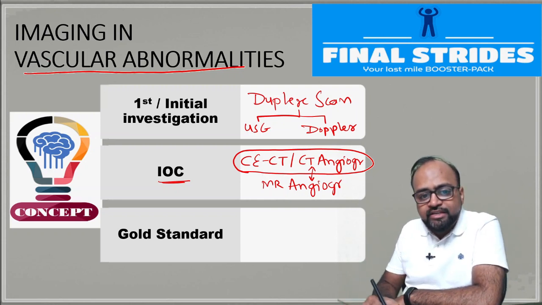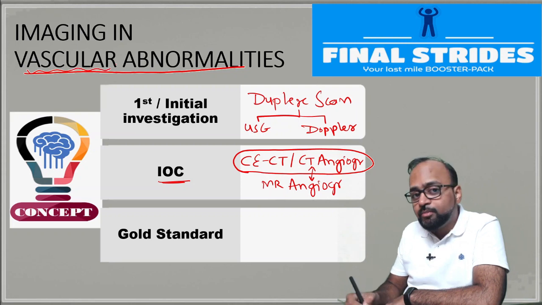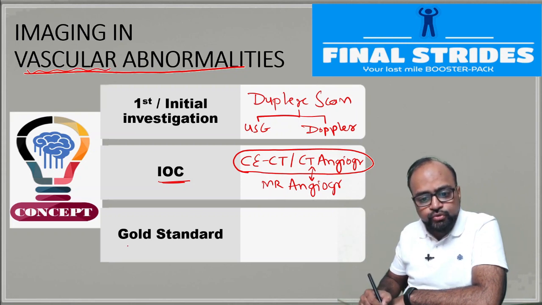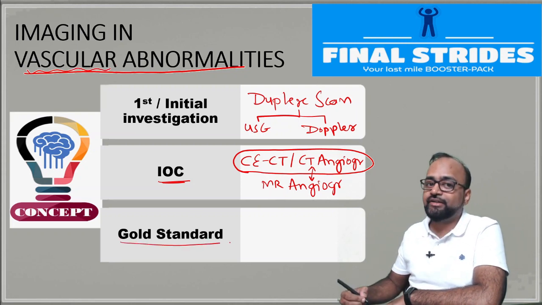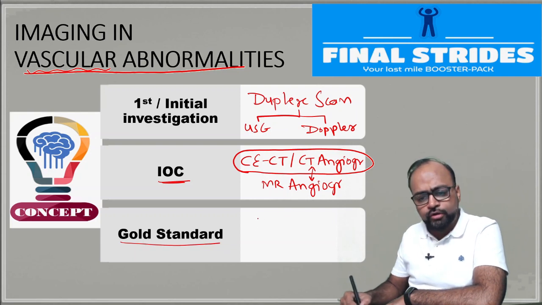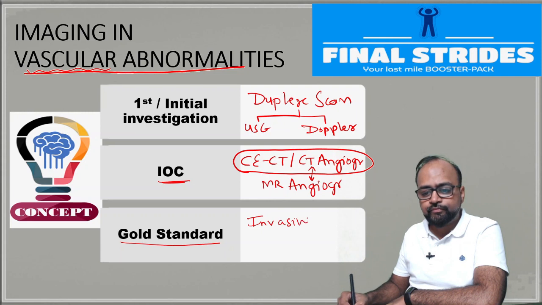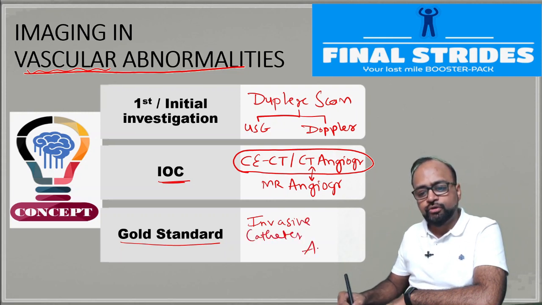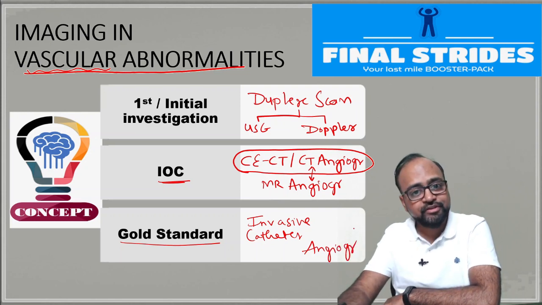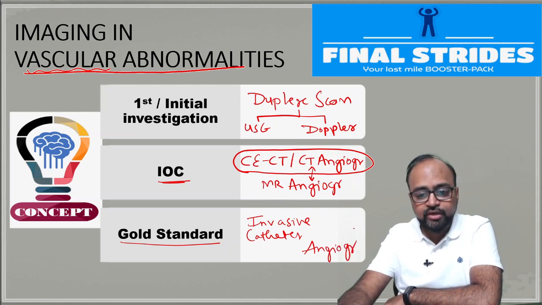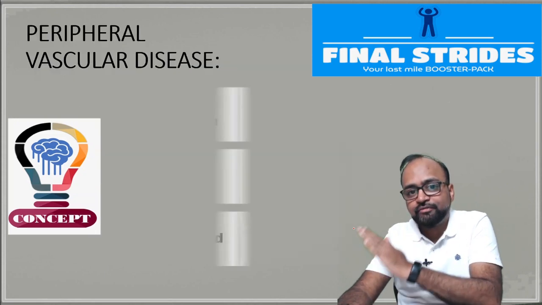For any vascular abnormality in the body, if they ask you what is the gold standard technique, then remember it is always invasive catheter angiography. So this is the rule.